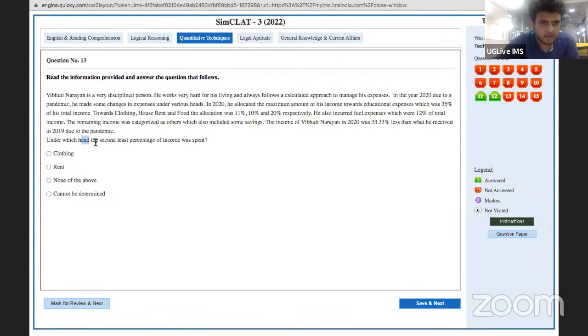Okay, under which head the second least percentage of income was spent? Clothing, rent, none of the above, cannot be determined.